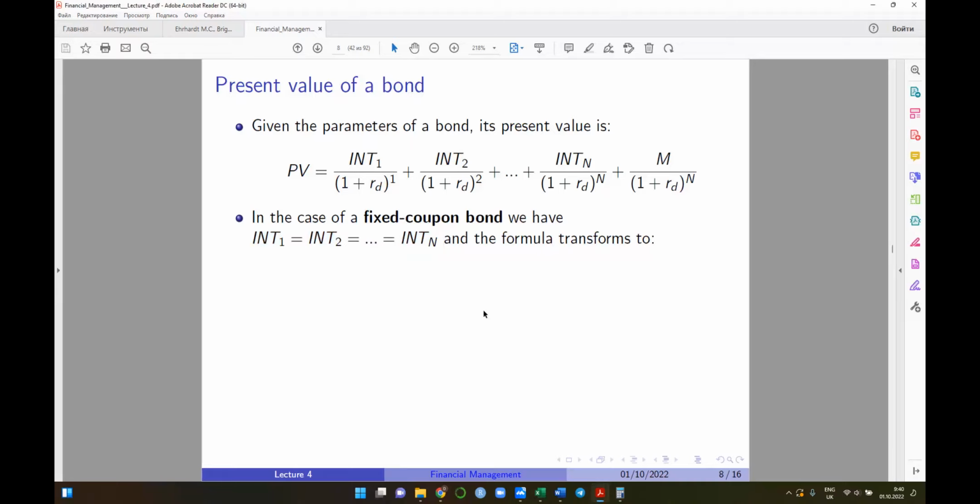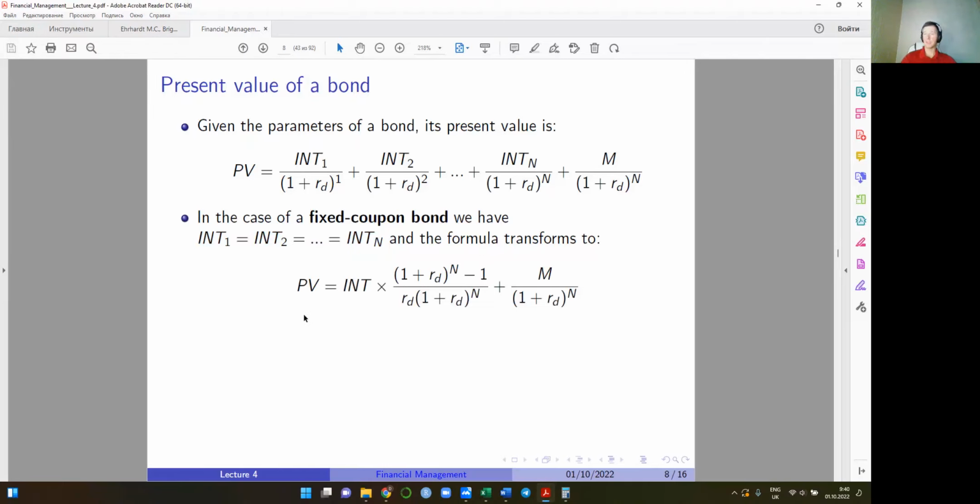The cash flow with payments of equal size is annuity, and we know how to compute the present value of annuity. So all this long sequence of terms converts into one short formula. We can compute the present value of this stream of interest or coupon payments using the present value formula. And the last term, principal, must be evaluated separately.